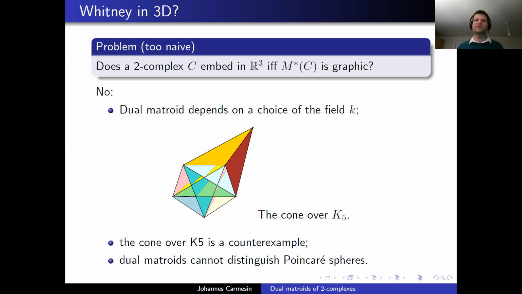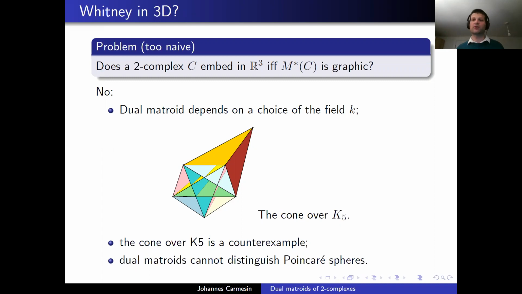But for this problem, it's kind of not so good because there are some crazy 3 manifolds which look the same on the level of homology, but you have to look at these more complicated fundamental groups.